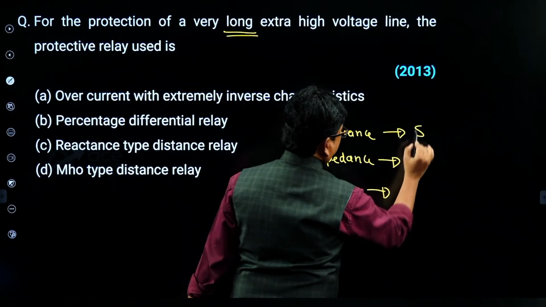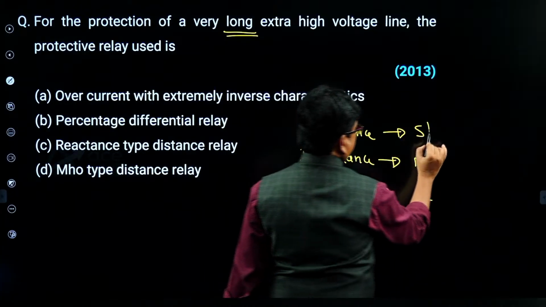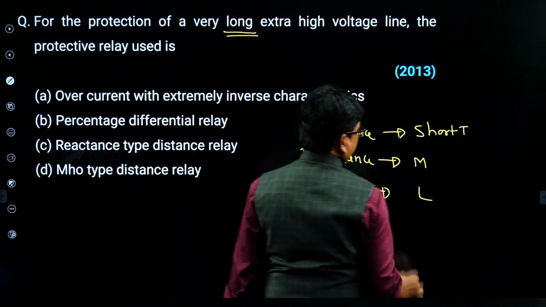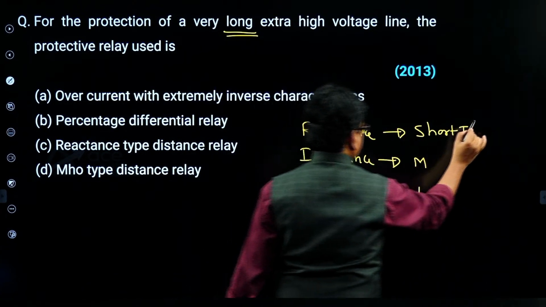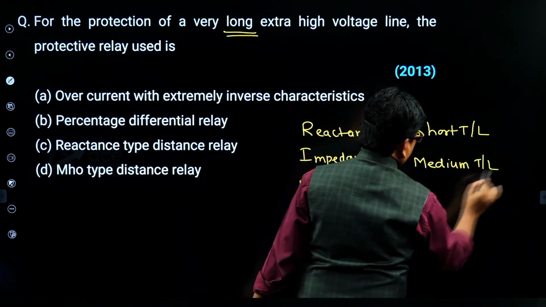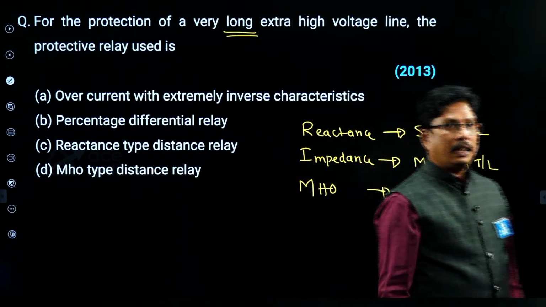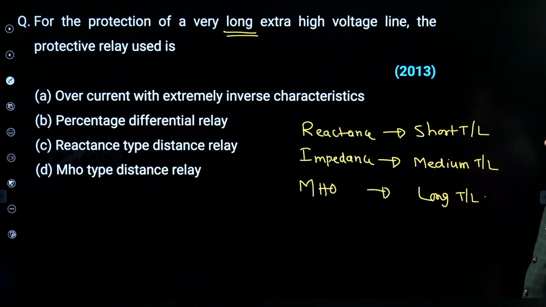SML means short, medium, long. So this is for short transmission lines. This is for medium transmission lines. And this is for long transmission lines. So mho relay is used for the long transmission lines, right?